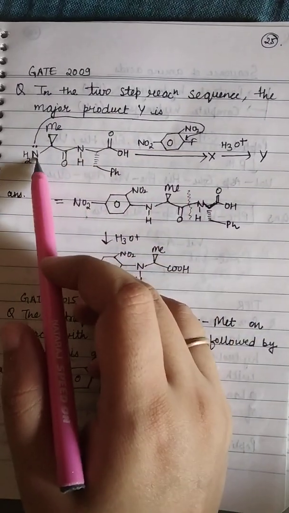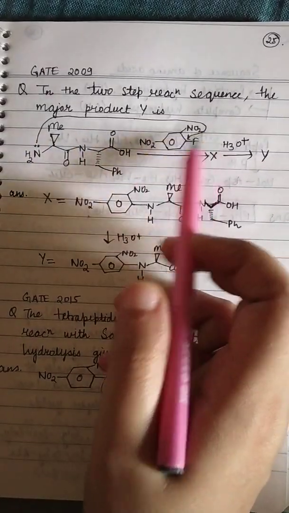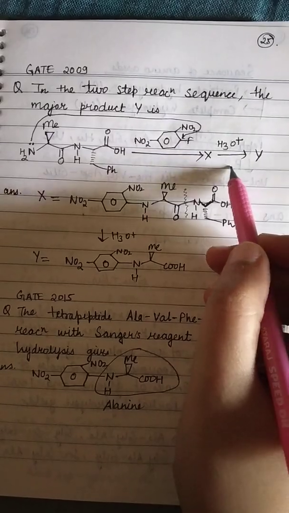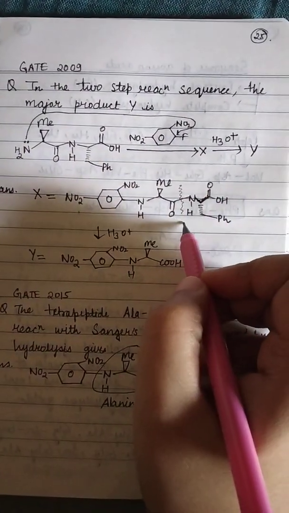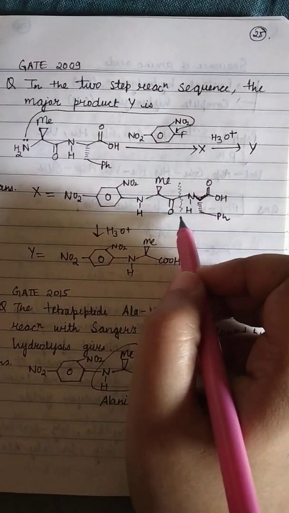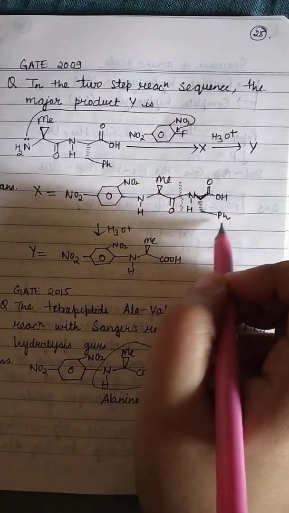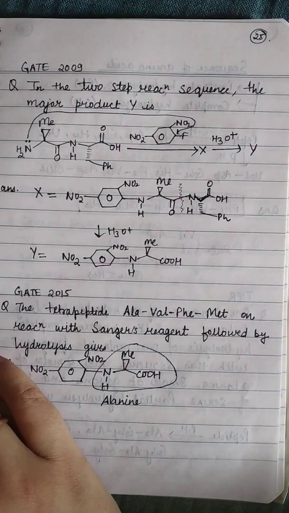The Sanger reagent attaches to the N-terminal amino acid and HF is removed, so this is the structure of X, right? And then in the second step, when hydrolysis is performed on this, the N-terminal amino acid gets detached from the other peptide chain, and the other amino acid also we get as a byproduct.